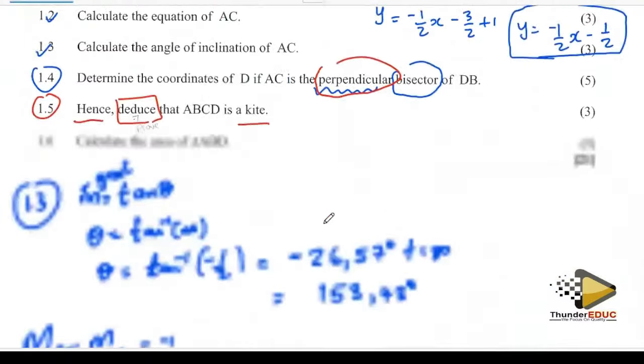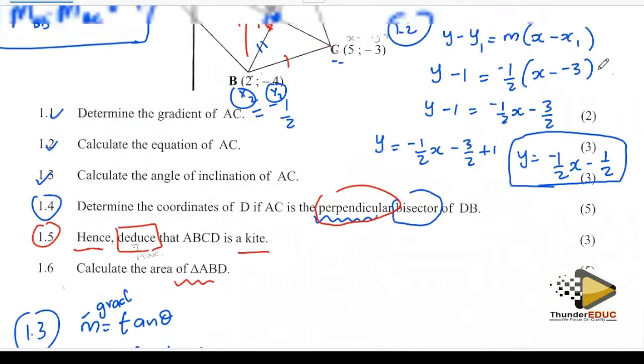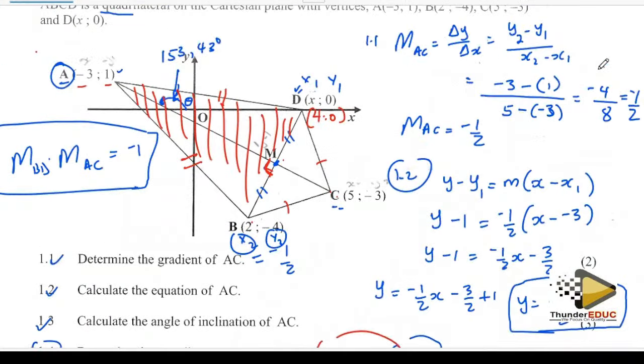And we also need to get the distance of AM. So we shall need the coordinates of M finally. Then we need to get the distance BD.